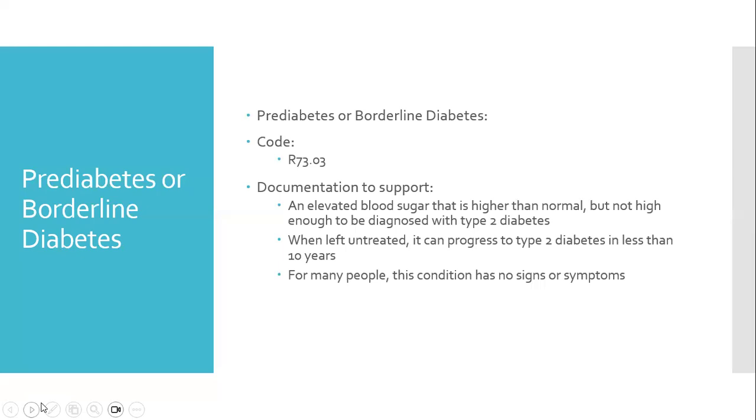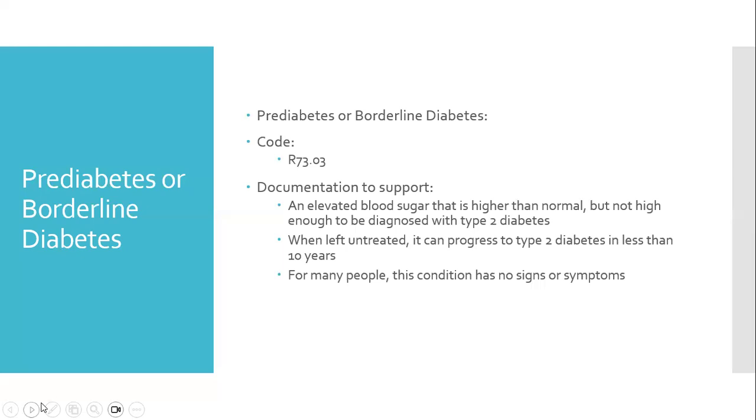You would use your sign or symptom code R73.03. So, with simply just an elevated blood sugar or any other non-definitive diabetes diagnosis, we would use our sign or symptom code.